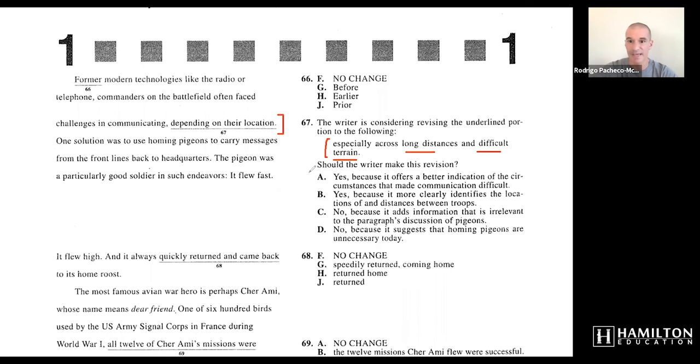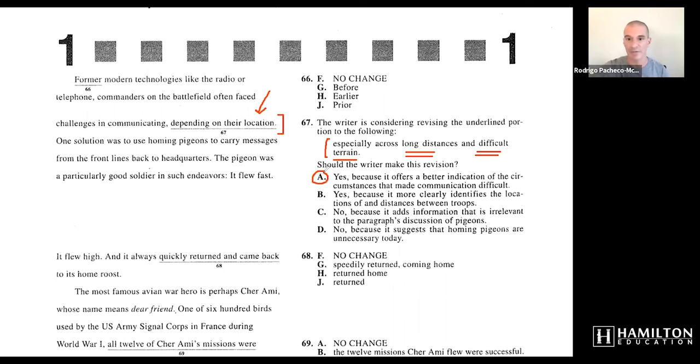A says yes, because it offers a better indication of the circumstances that made communication difficult. And we can identify what those circumstances were. So we have long distances as well as difficult terrain. This is, again, much more specific than simply saying depending on their location. And this is actually our correct answer.